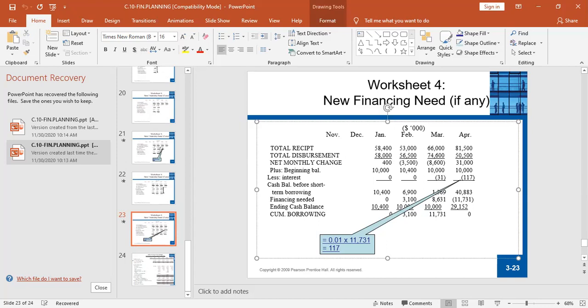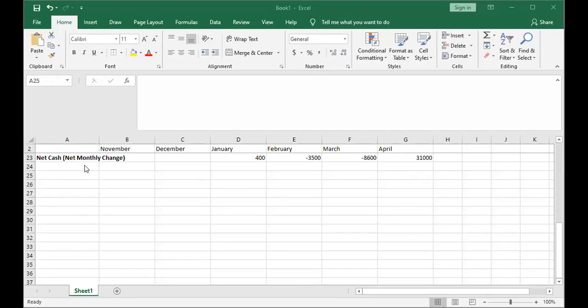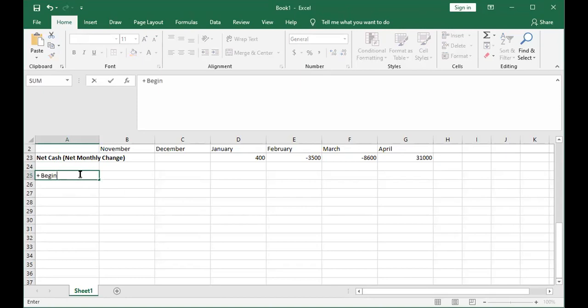Let us go back to Excel. When you want to do the cash reconciliation, it starts with adding the beginning balance, if there is any.